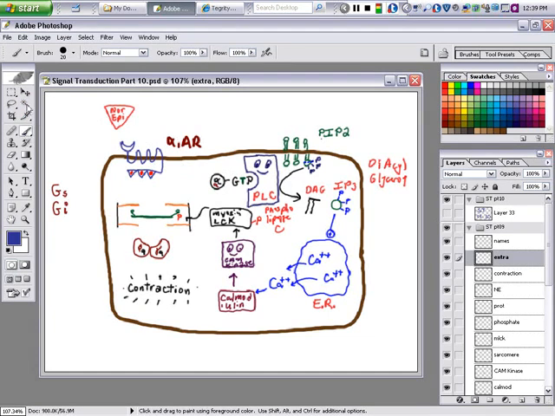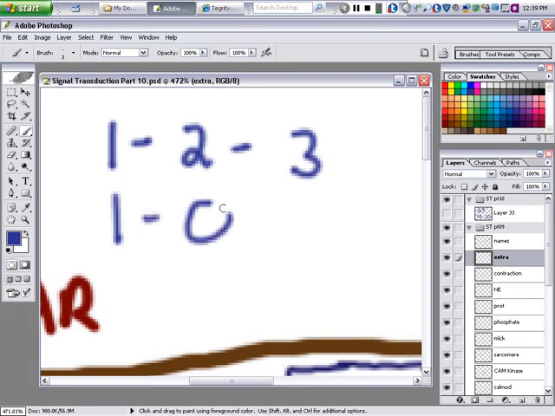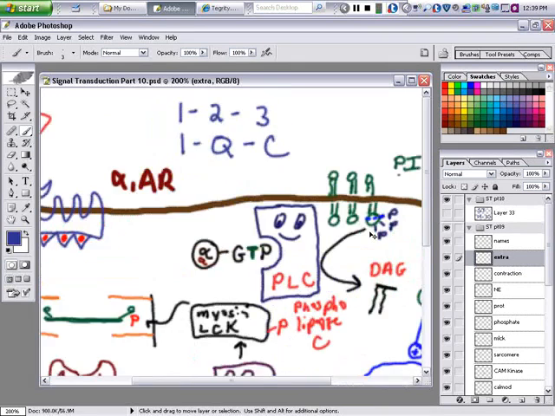So I always use this little phrase to remember. Alpha-1, and you just have to remember it's not beta-1. So if you just remember 1, 2, 3, 1, Q, C. What does all of that mean?